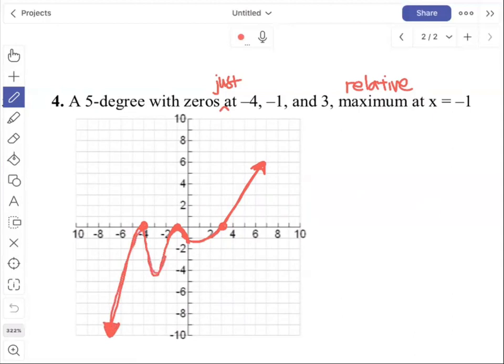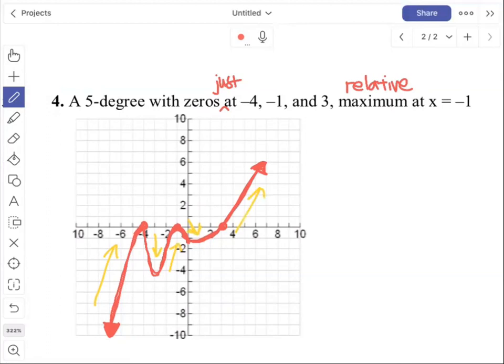All right, now I actually know this is going to be a 5 degree function because you can tell the degree of a function based off of how many turns it makes. So let me show you what I mean in yellow here. If I follow the graph, I go 1, 2, 3, 4, 5.